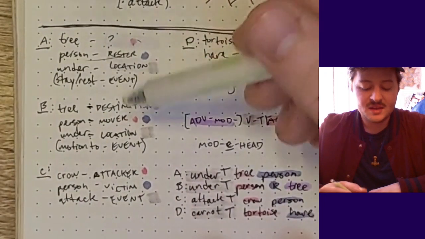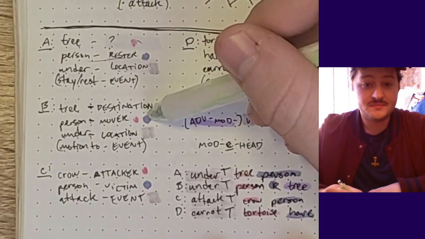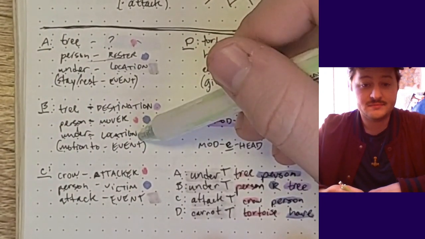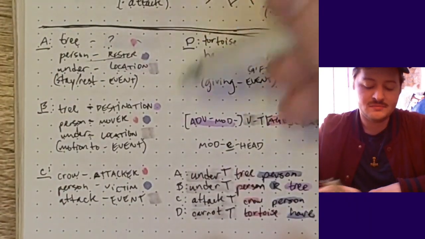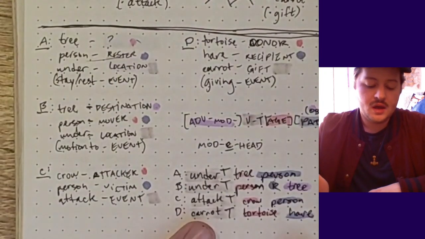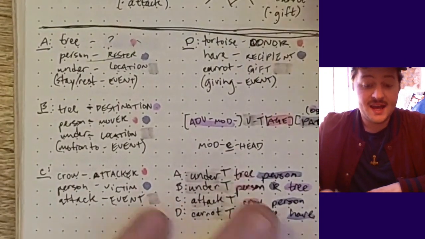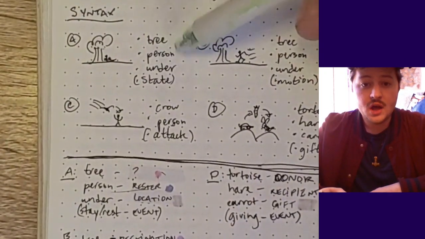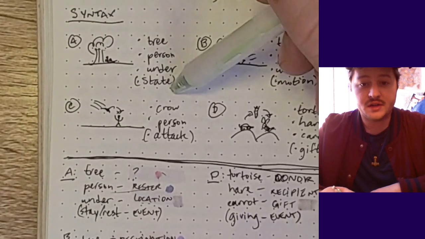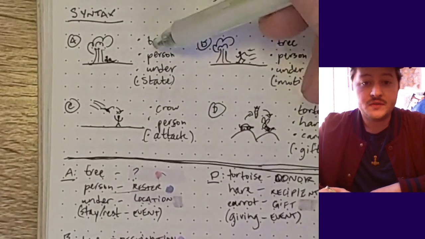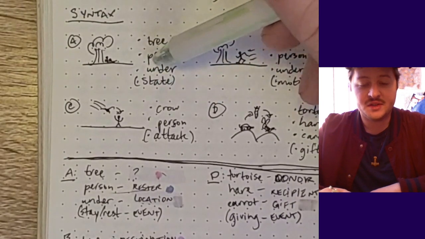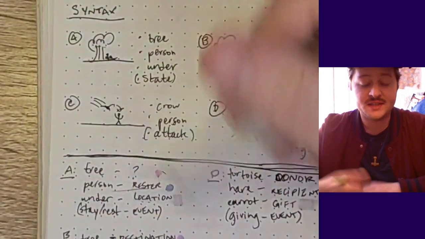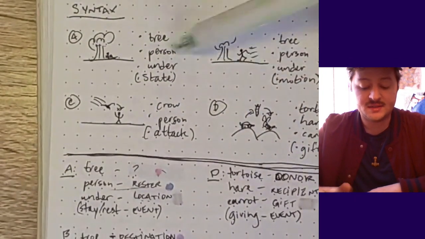What does the person give to themselves? They give themselves being under. And the tree is like an oblique thing that describes where that under is. So if we go back to A, who is giving the person under? The tree. The tree is providing that state of being under to the person. The tree is offering shade to the person, basically, is what we decided.